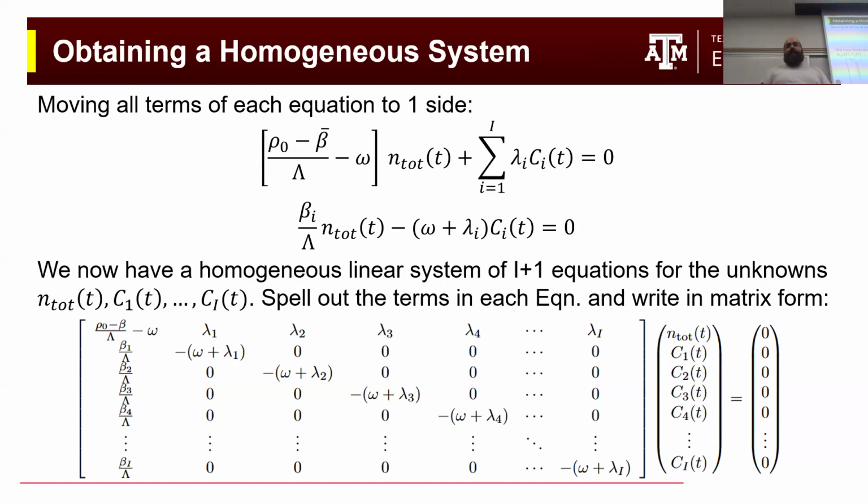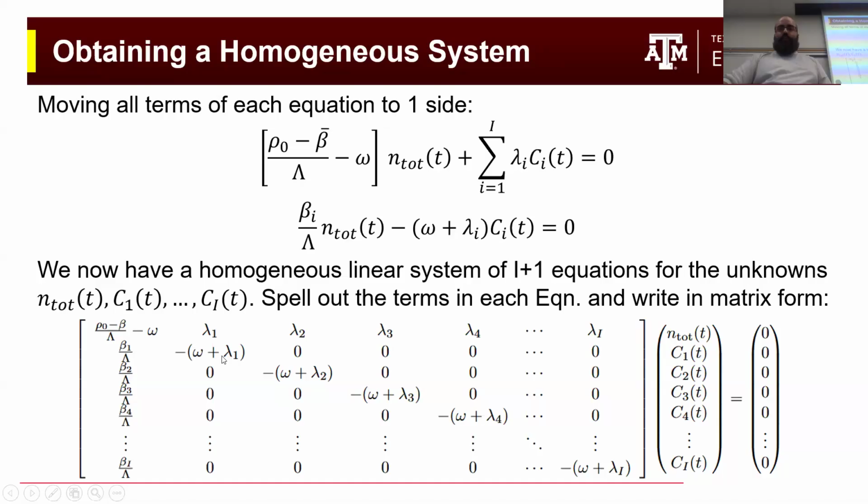From there, I'm going to take all of my terms and move them over to one side so that I get an equation where the right-hand side is equal to zero. And if I write my equations like this and put them in matrix form, it's going to look like what I have here, where every term along the diagonal ends up with an omega subtracted off of it, because of this first term here and also because of this term here.